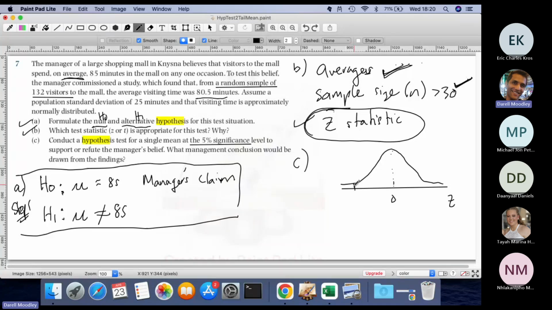We allocate part of it on the left extreme and part on the right extreme. The size of each is that 5% divided by 2, because we're going to use half on the left and half on the right. So we're going to have 5% divided by 2, which is 2.5% here, and 2.5% here.